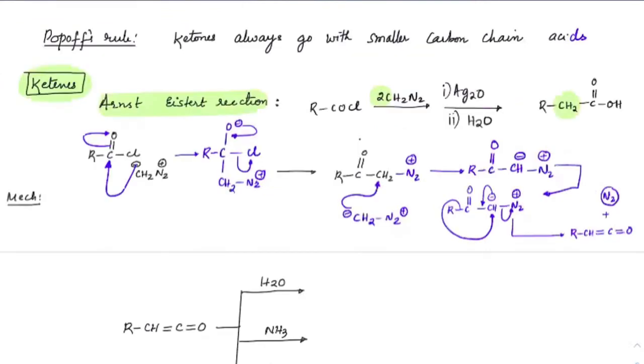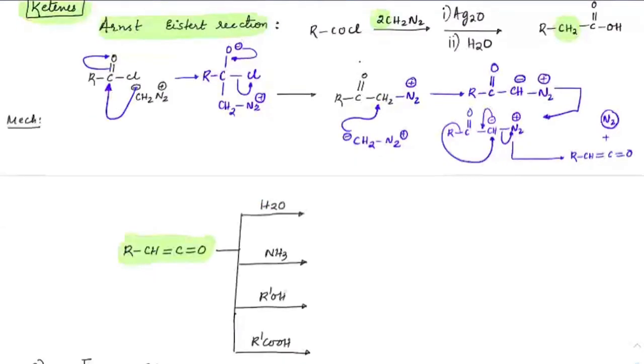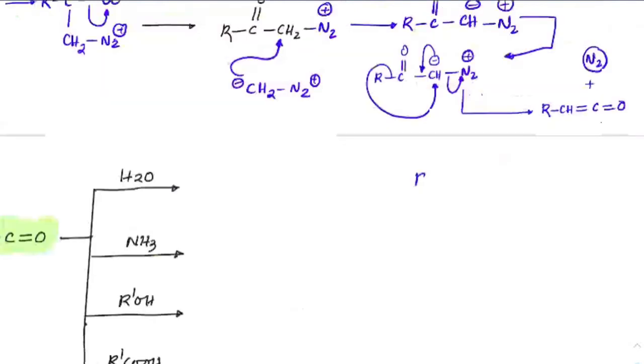I guess you understood that. Check out the different uses of ketene. If you have a ketene and add water, what would happen? Let me show you that first. Suppose you have a ketene RCH double bond C double bond O. First H2O as a nucleophile will attack here.